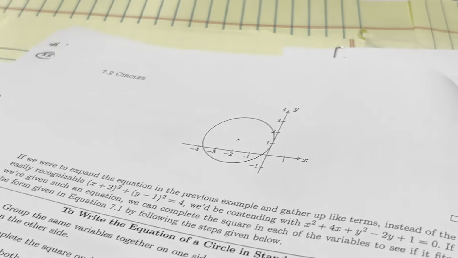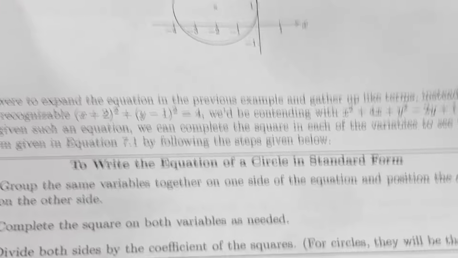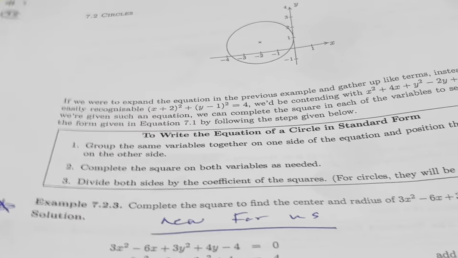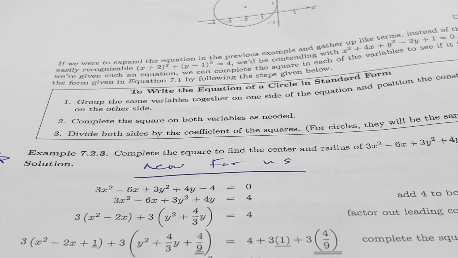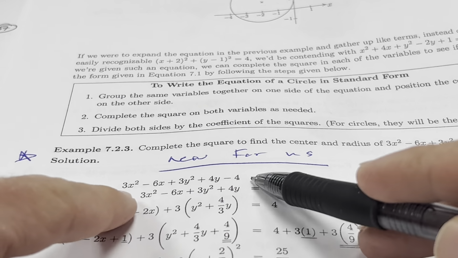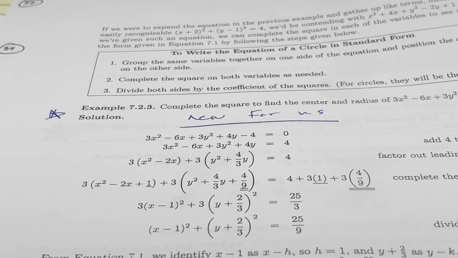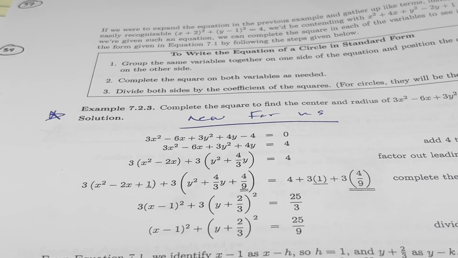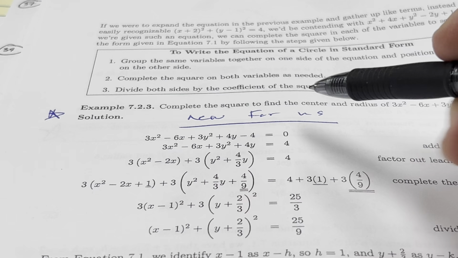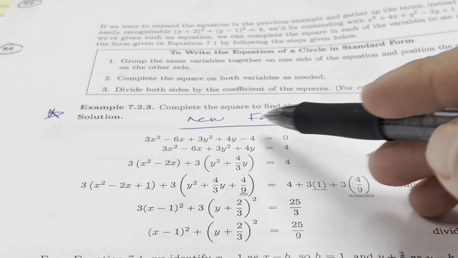All right, then lastly, what is going to be new for us? So write an equation of the circle in standard form. What's going to be new to us is kind of completing the square twice like this. You see that? And I'm going to explain it in some examples we are going to do together here in a minute.